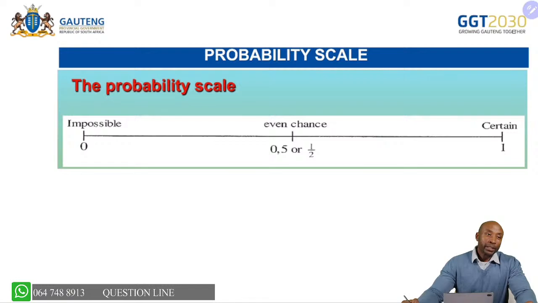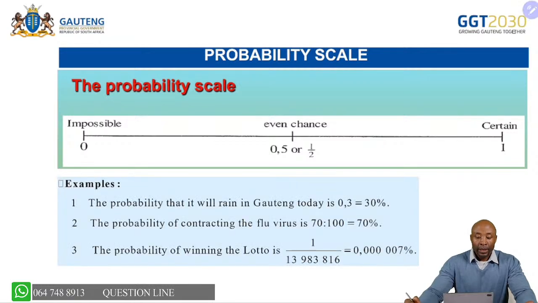If a probability is 1, we are certain that the event is going to occur. If the probability is 0.5, we have an even chance. We can also use our percentages or our fractions to represent a probability.